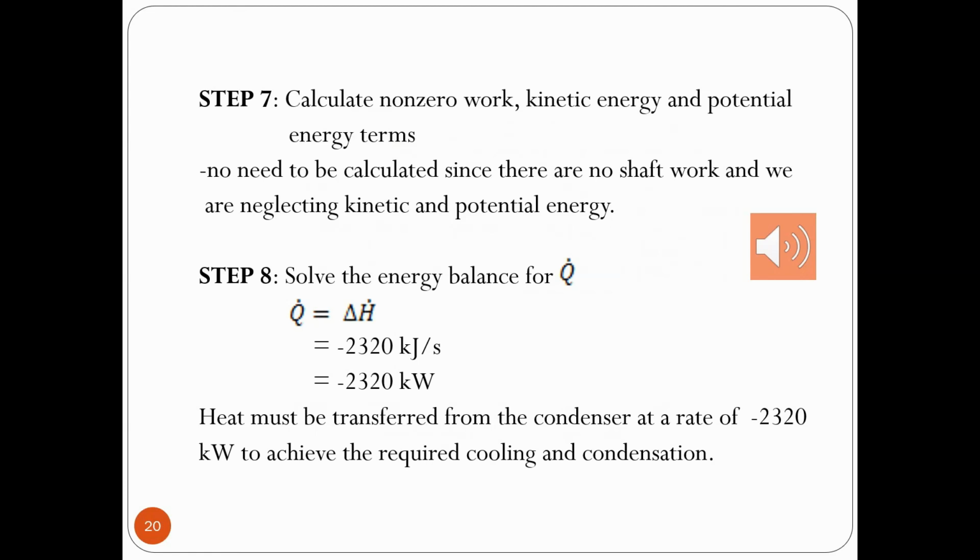We already determined our change of enthalpy rate at step 6, so we just substitute it, and it is equal to negative 2320 kilojoule per second. You can also put it in kilowatts. So the heat that must be transferred from the condenser is at the rate of negative 2320 kilowatt to achieve the required cooling and condensation.